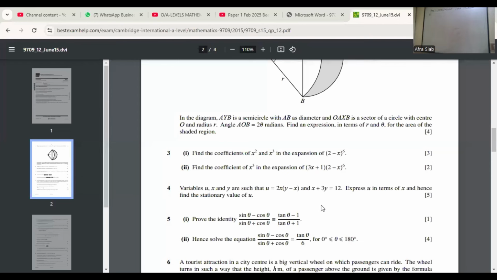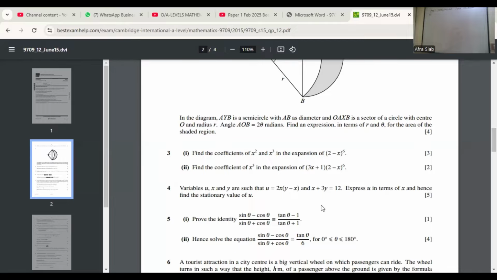Now we are starting question number 4. The variables u, x, and y are such that u is equal to 2x into (y minus x), and x plus 3y is equal to 12.